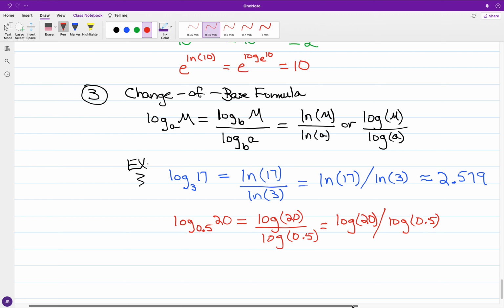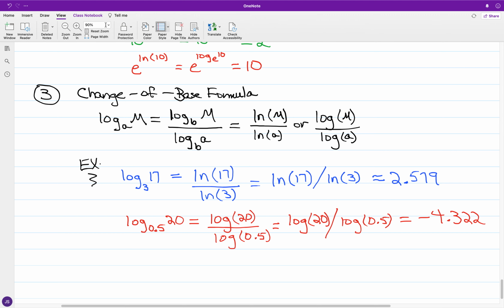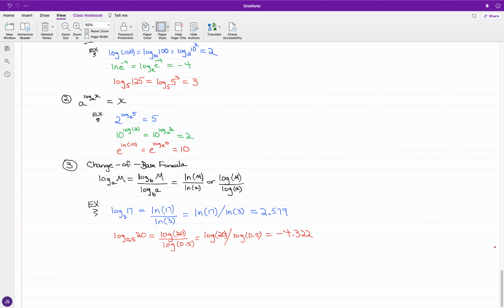For this reduction, we're going to have a negative value. To about the nearest 3 decimal places, this comes out to about negative 4.322.